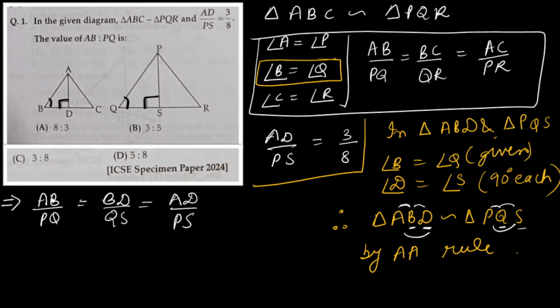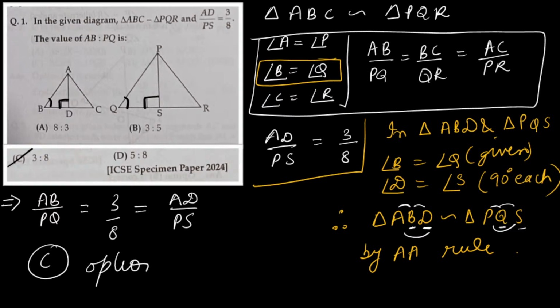We have to find the ratio of AB by PQ, and the given ratio is AD by PS. So these two ratios we can compare, and I don't need this thing. We know the value of AD by PS is given to us. This is 3 by 8. So that means AB by PQ is also 3 by 8. We can say 3 is to 8. So option C is the correct answer.